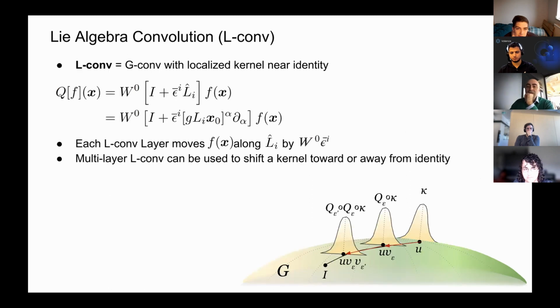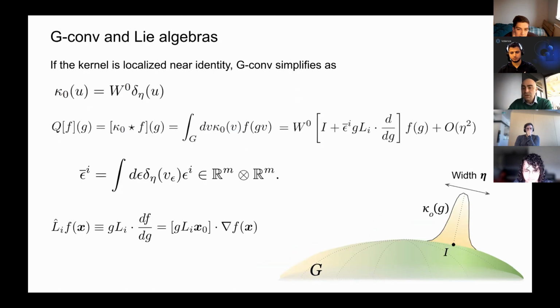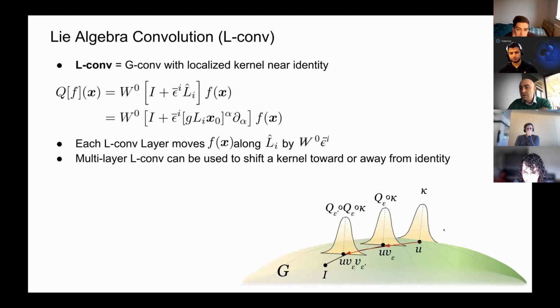And the other important thing, the step that really makes this useful, is probably this step. So here, this was nothing special. This was just a Taylor expansion to first order of what people already had. Then here we just show that you can actually combine these layers. If you use a multi-layer version of this, every layer can help you move the kernel a little bit away from identity.